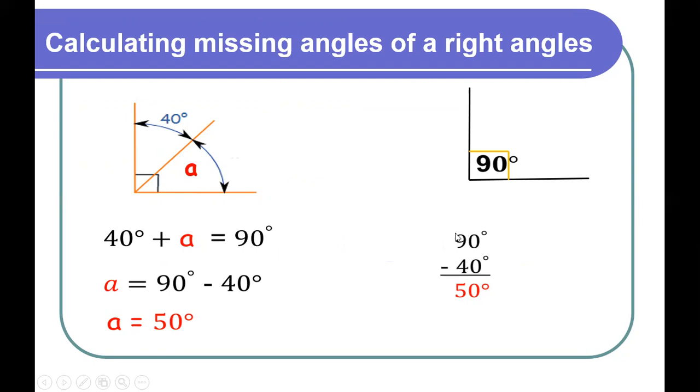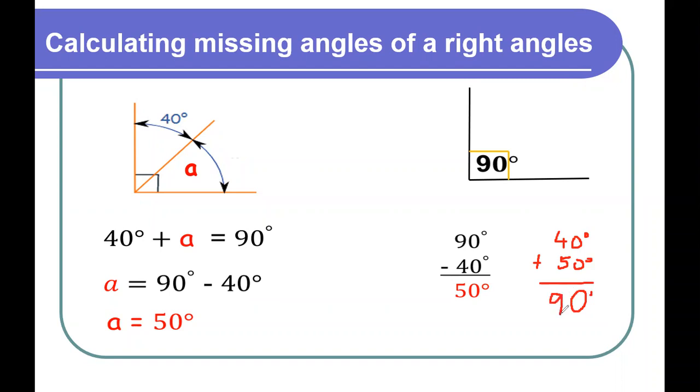Or you can just subtract it this way: 90 minus 40 equals 50. If you want to check your answer, 40 degrees plus 50 degrees is 90 degrees.